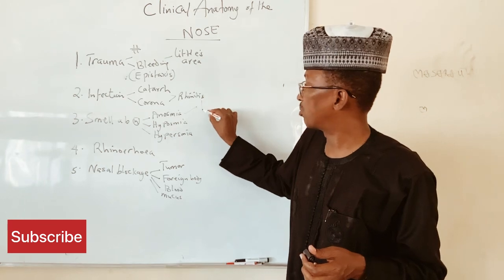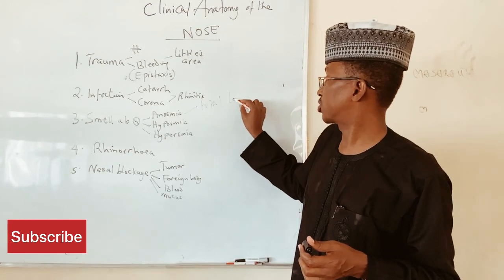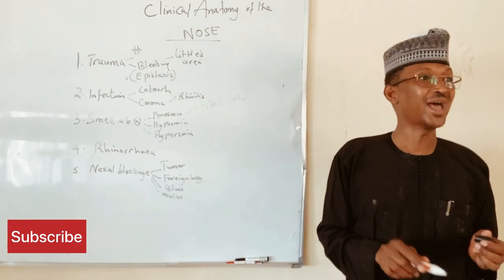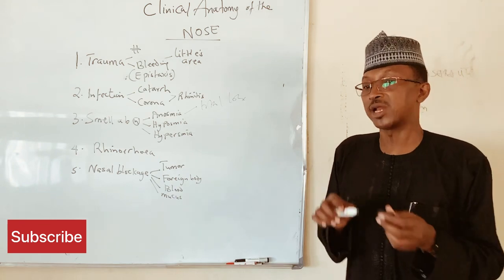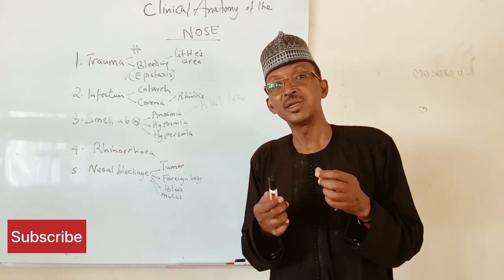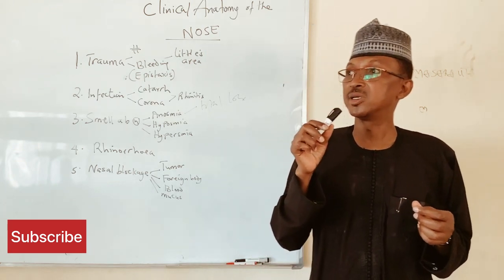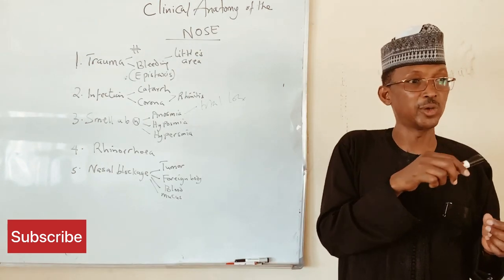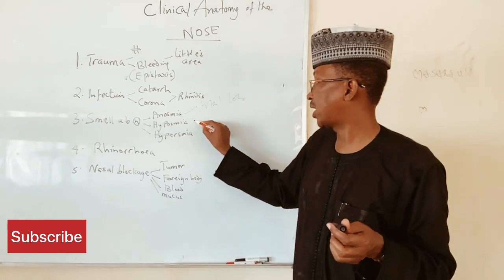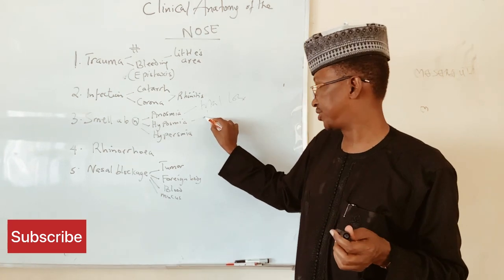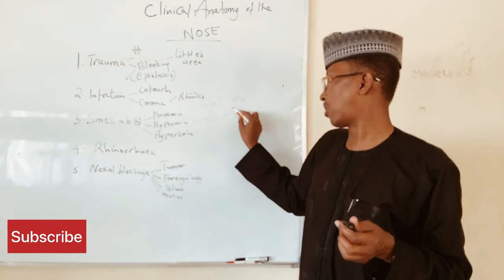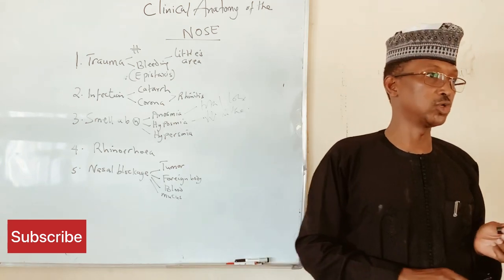Total loss of smell, that is what we call anosmia. But at times, the amount of smell that one nose will smell is going to be lower than the other nose. That is what we call hyposmia. That means there is a decrease in the amount of smell someone is going to smell.